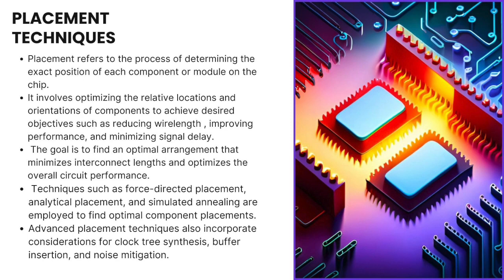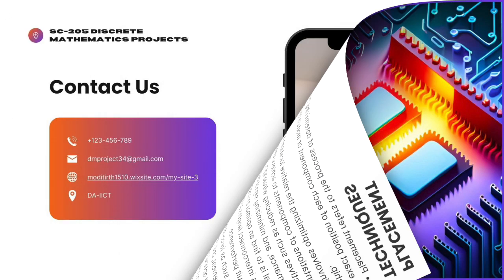The aim is to arrange the components in a way that makes the interconnections shorter and optimizes the overall circuit's performance. Various techniques such as force directed placement, analytical placement, and simulated annealing are used to determine the best positions for components. These methods help in finding the optimal arrangement of the components that achieve the desired objectives.